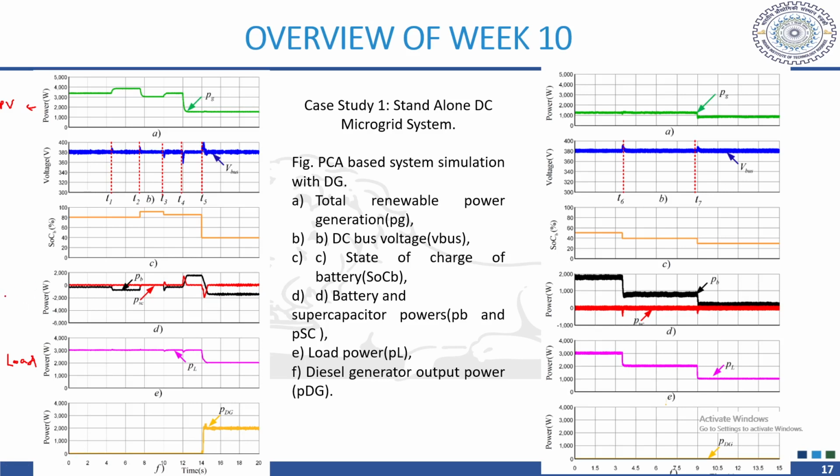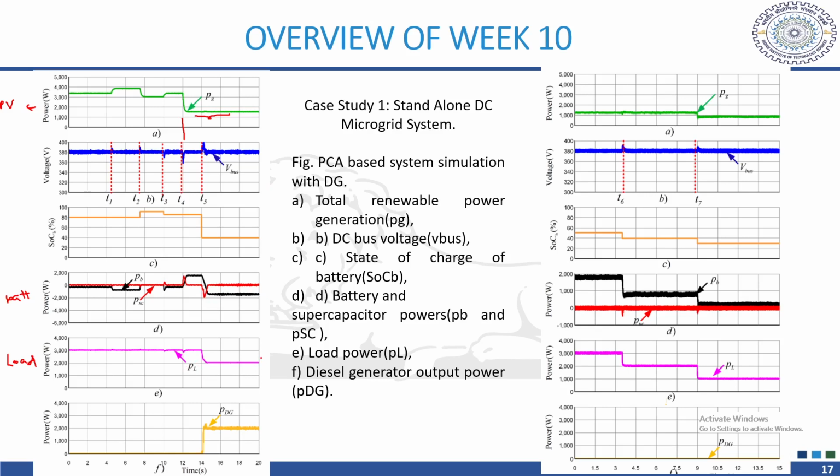And where is the battery? The battery is here, and the battery can charge during this condition to meet the power balance. Then in this region, from T4, the power from the PV is below 2000 and the load is exactly 2000.